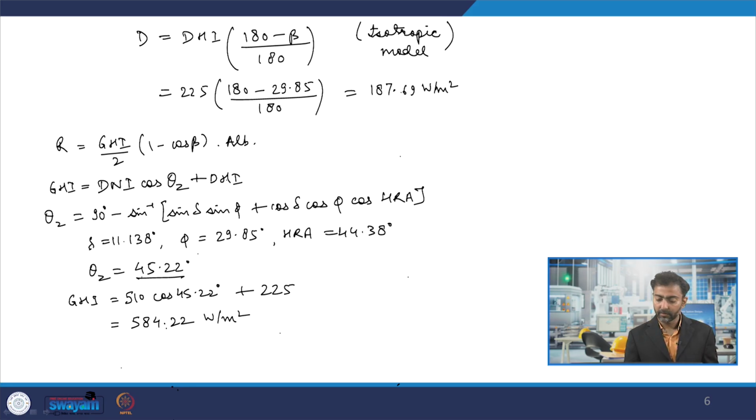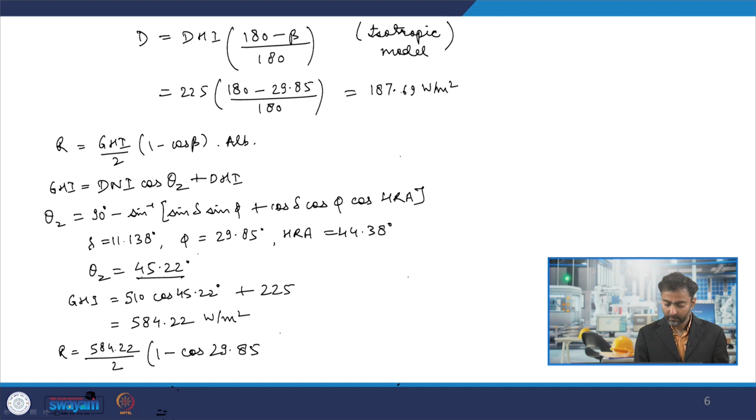Now, putting this value in the equation for reflected radiation, we get R is equal to 584.22 by 2 multiplied by (1 minus cos of 29.85 degrees), and albedo, if there is no specific condition given, then usually the default value of albedo we take is 0.2.